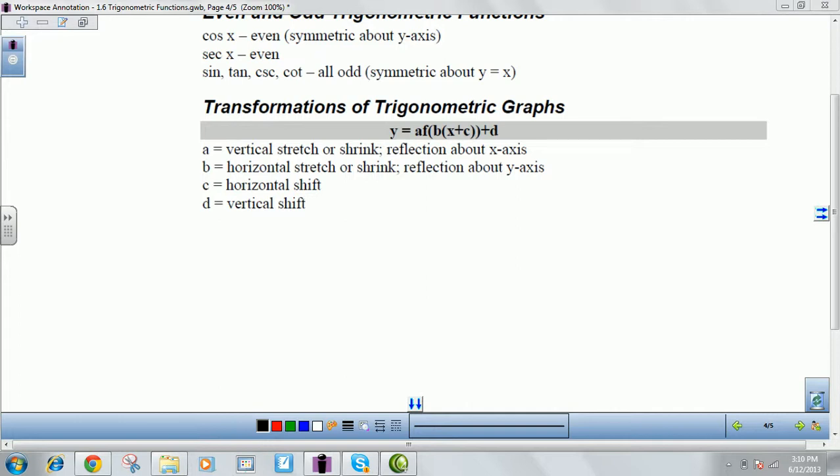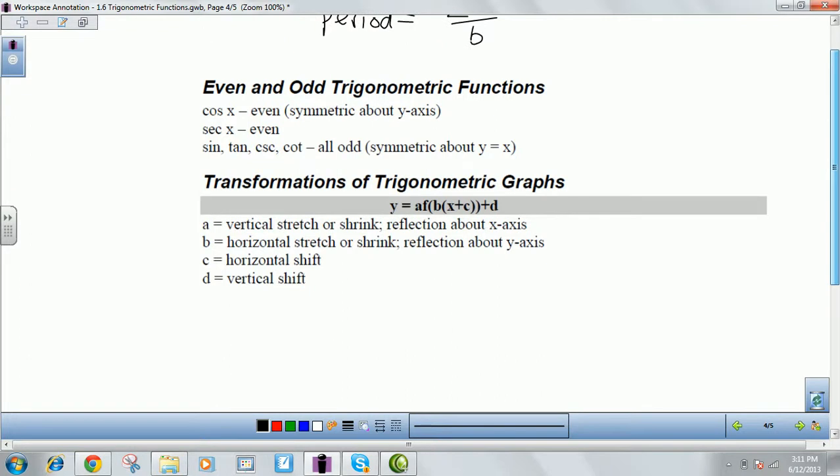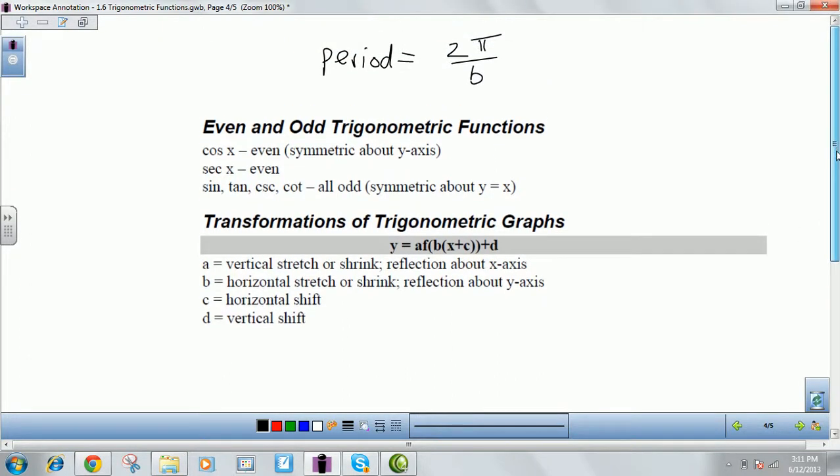First of all, we're going to use this equation on this example. A represents the vertical stretch or shrink, and if it's negative it reflects around the x-axis. Horizontal stretch or shrink is determined by the B part, and that's what we use to find the period, because if it's shrinking or stretching horizontally, that affects how often it repeats.